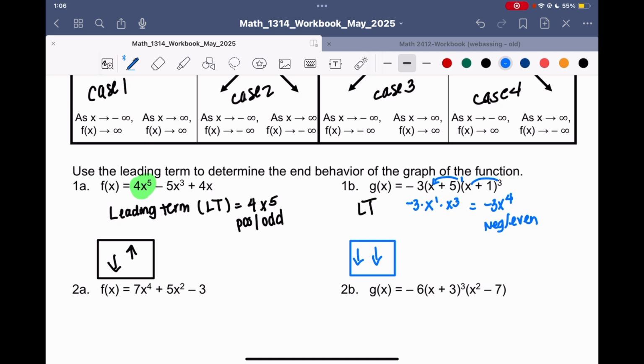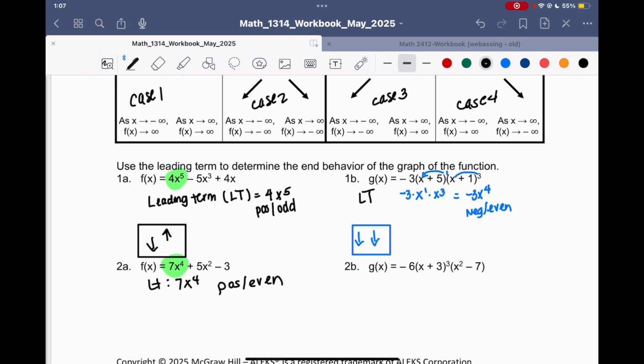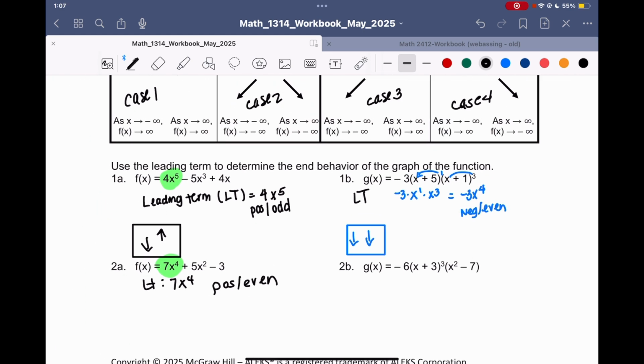Number 2, the leading term, 7x to the fourth. So this is a positive even function. So that's going to be case 1. So that means my end behavior is up on the left and up on the right.